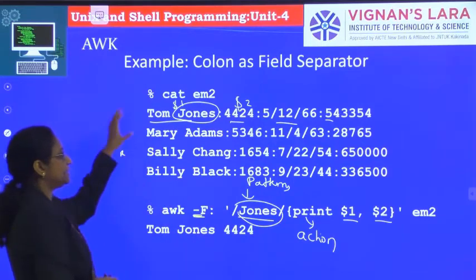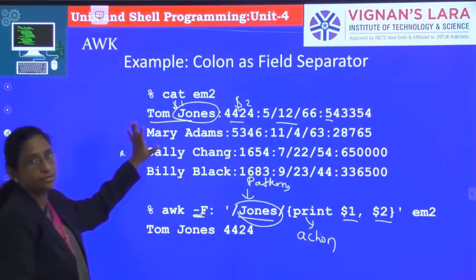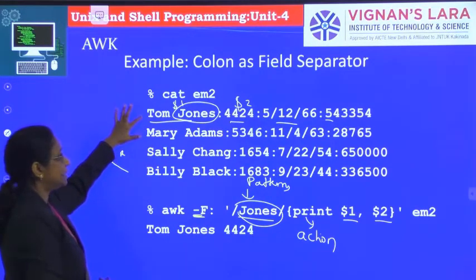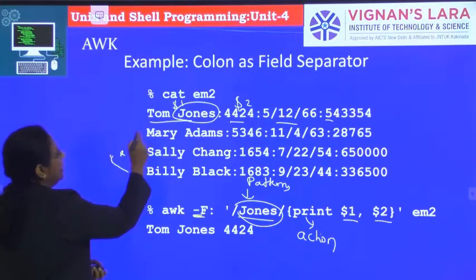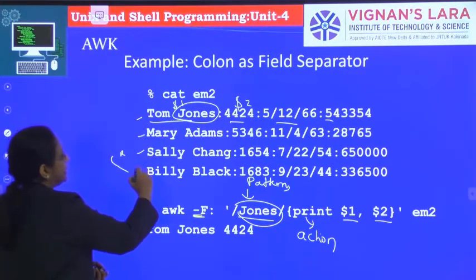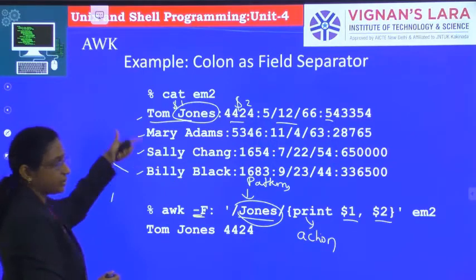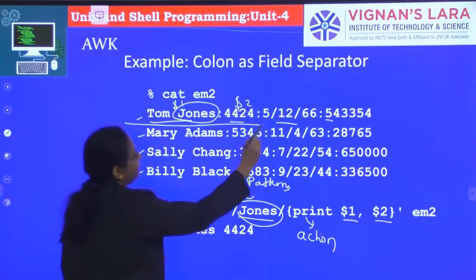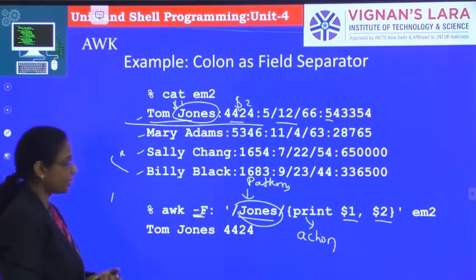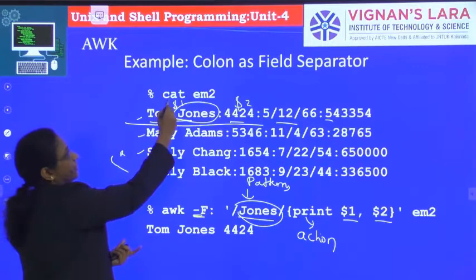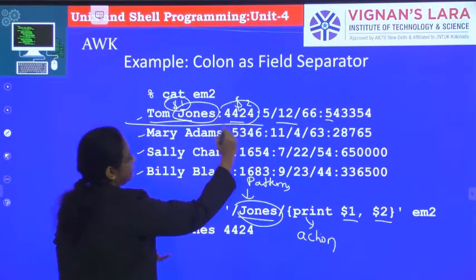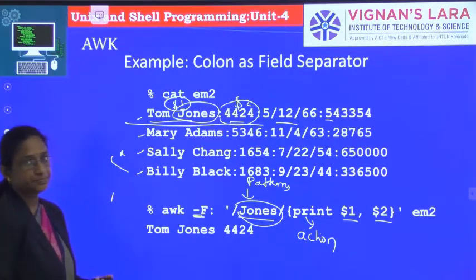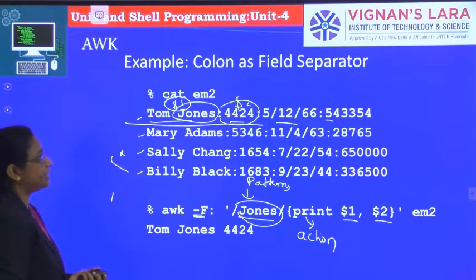It searches the entire lines, all the records, for the pattern zones. Since only this particular line has the pattern zones, that one line with the first field and this field will be displayed. That is called the field separator.